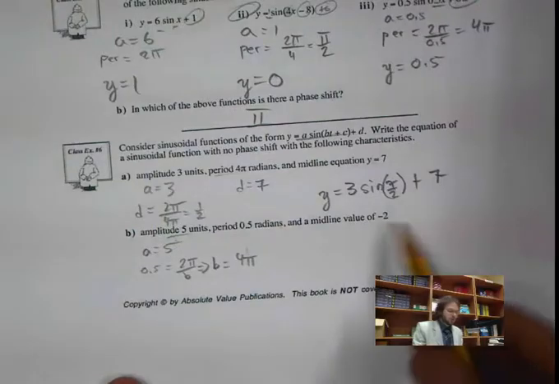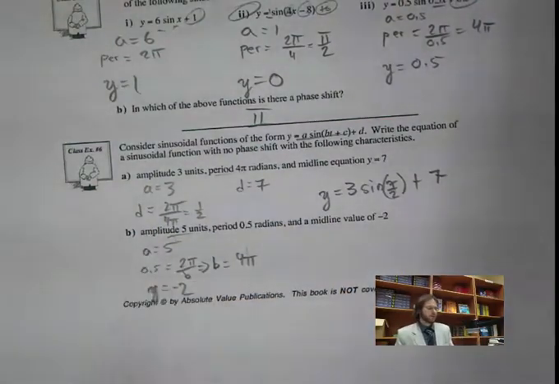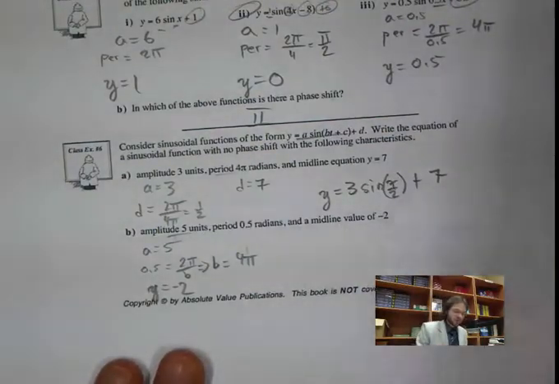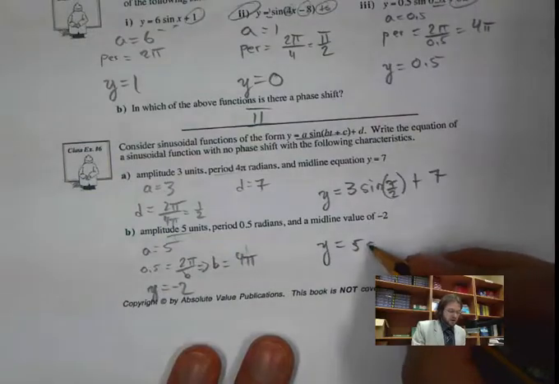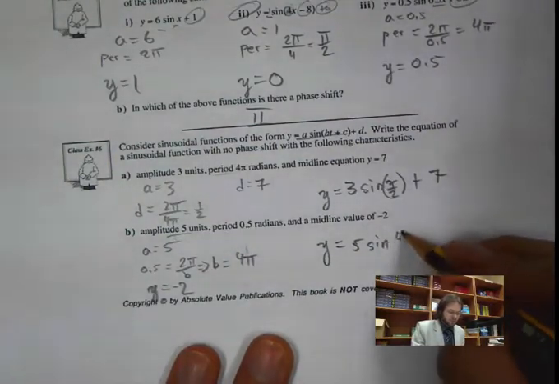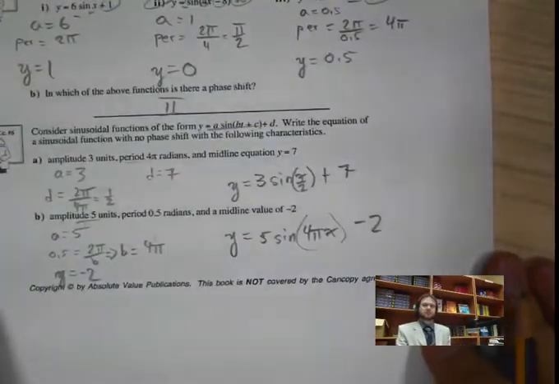And then I want to know my midline is Y is equal to -2. All I do is multiply both sides by B, then divide by 0.5. Okay? So we get Y is equal to 5 sine 4 pi x, and we are subtracting 2. That's it.